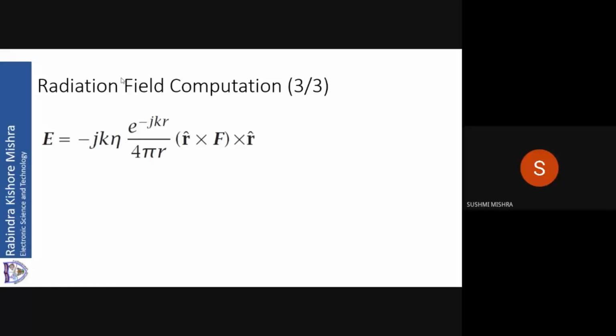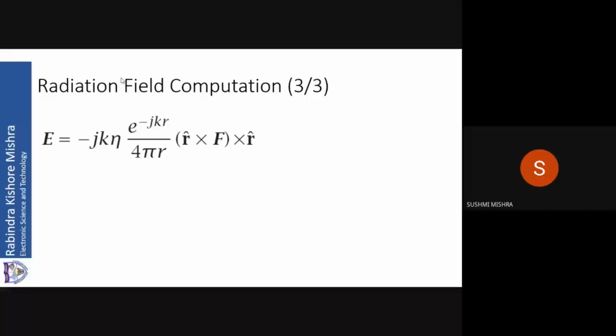Once we know this, we can find out what E is. Simply use the relationship that we have seen for E. E is equal to j omega into A. So that part I can use now.